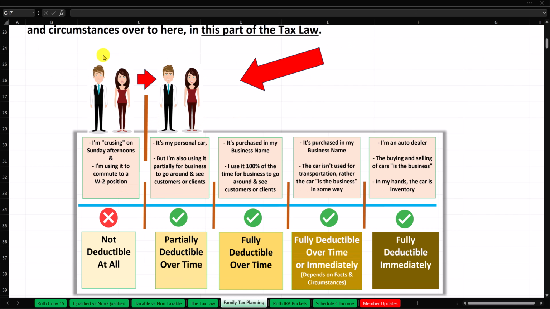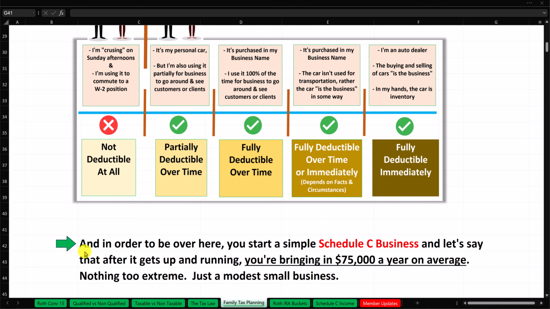So now you have some of your financial affairs going on here in this part of the tax law, and you have some going on over here in this part of the tax law. And in order to be over here, you start a simple Schedule C business, and let's say that after it gets up and running, you're bringing in $75,000 a year on average. Nothing too extreme, just a modest small business.